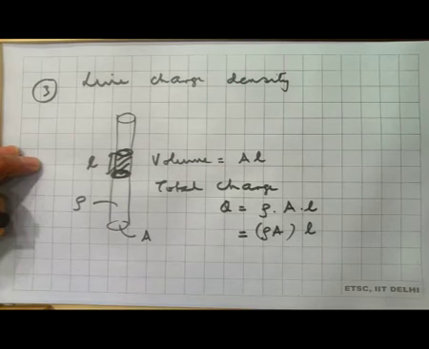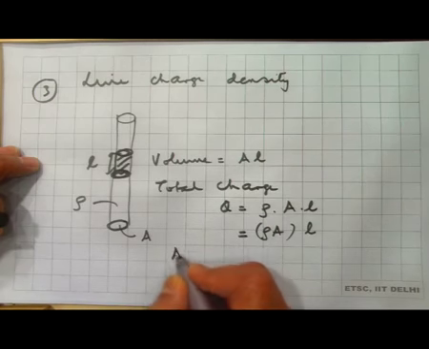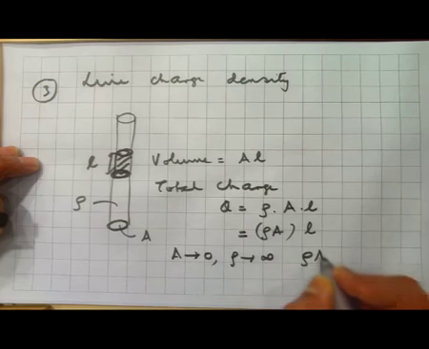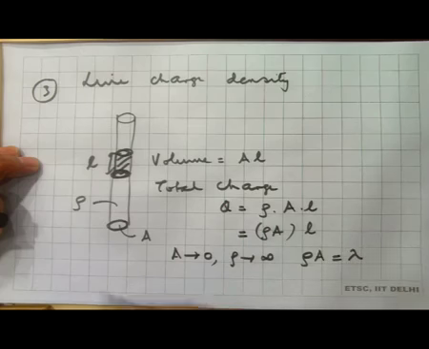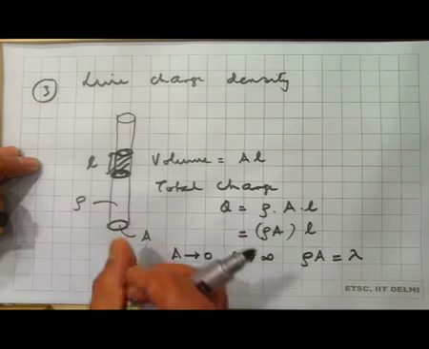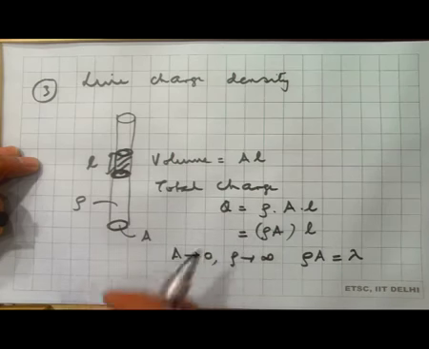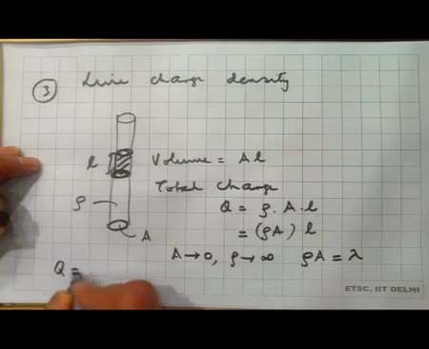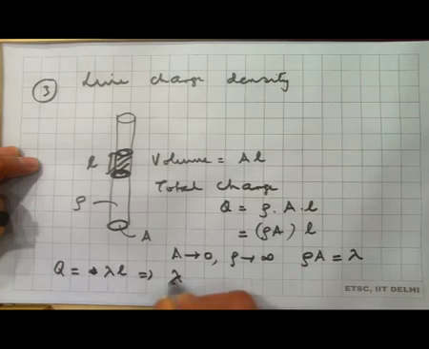Now, what I do is I decrease the area of this cylinder towards 0, A tending to 0, rho tending to infinity. So, that rho times A becomes a constant which I call lambda. So, I am letting the cylinder cross section go to 0, simultaneously increasing the charge density, so that this product remains a constant lambda, and then I get the charge contained in this length L is lambda times L, and so I get lambda is charge per unit length.